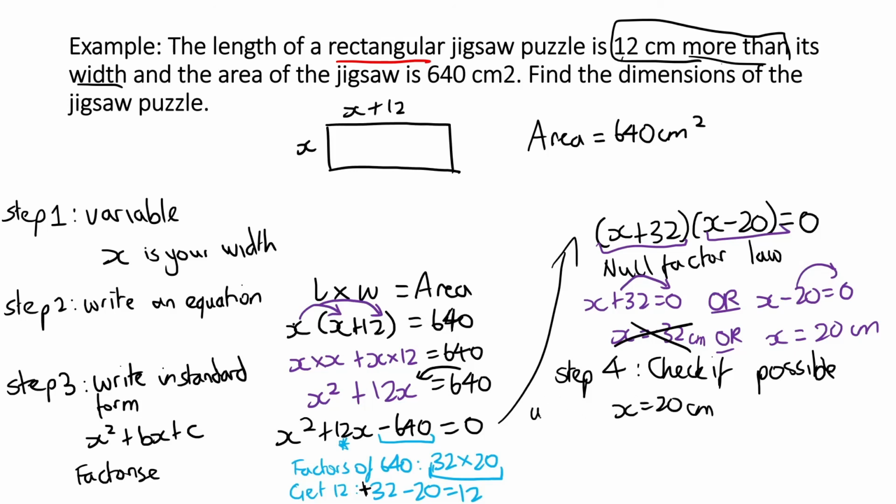This is your width. Your length, in the question, it told you that it is 12 more than your width. So length is 20 plus 12 equals 32 centimeters. And that will be how you answer these worded questions.